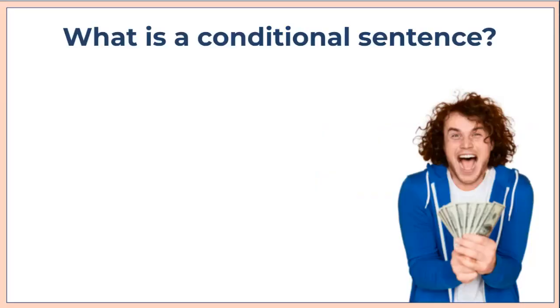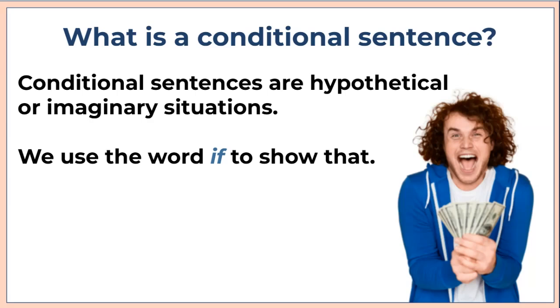And let's review. What is a conditional sentence? Conditional sentences are hypothetical or imaginary situations. And if you don't know what the word hypothetical or imaginary means in English, please translate it in your native language so you can understand second conditional sentences better.